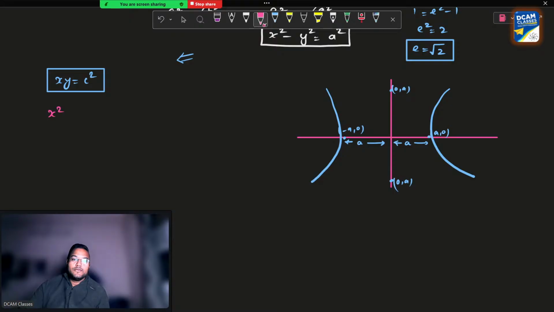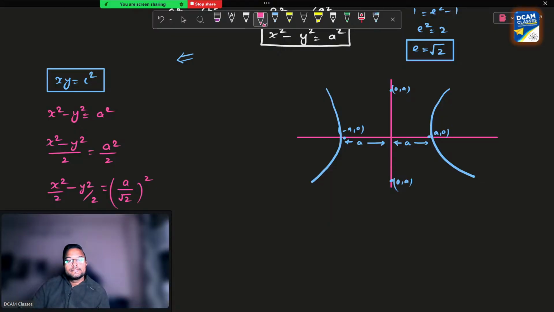We have x square minus y square is equal to a square. If I divide by 2 on both sides, x square by 2 minus y square by 2 is equal to a square by 2. It becomes x square by 2 minus y square by 2 is equal to a by root 2 whole square.